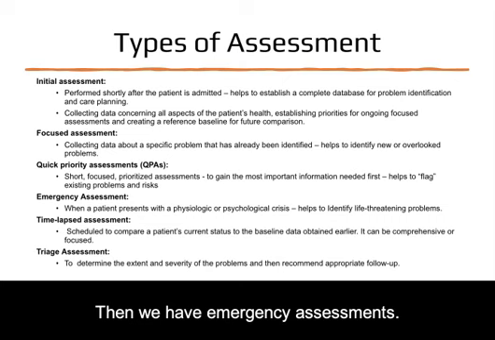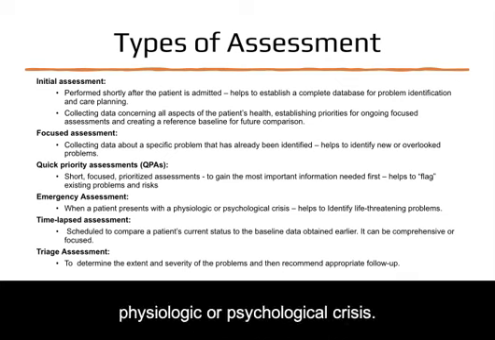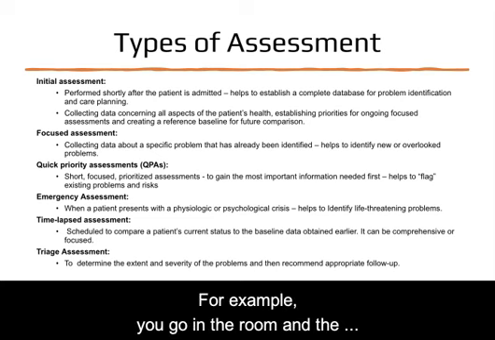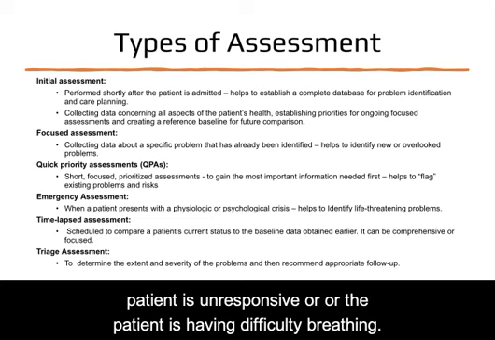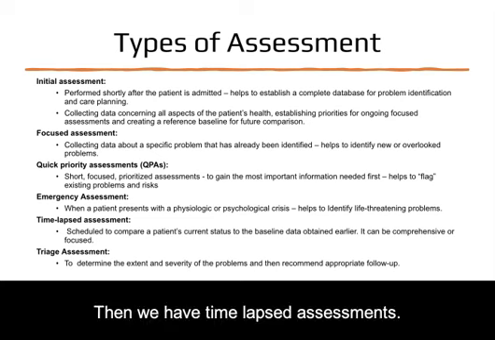Then we have emergency assessments. These are done when a patient presents with a physiologic or psychological crisis. For example, life-threatening. For example, you go in the room and the patient is unresponsive, or the patient is having difficulty breathing. These all call for an emergency assessment. Then we have time-lapsed assessments.